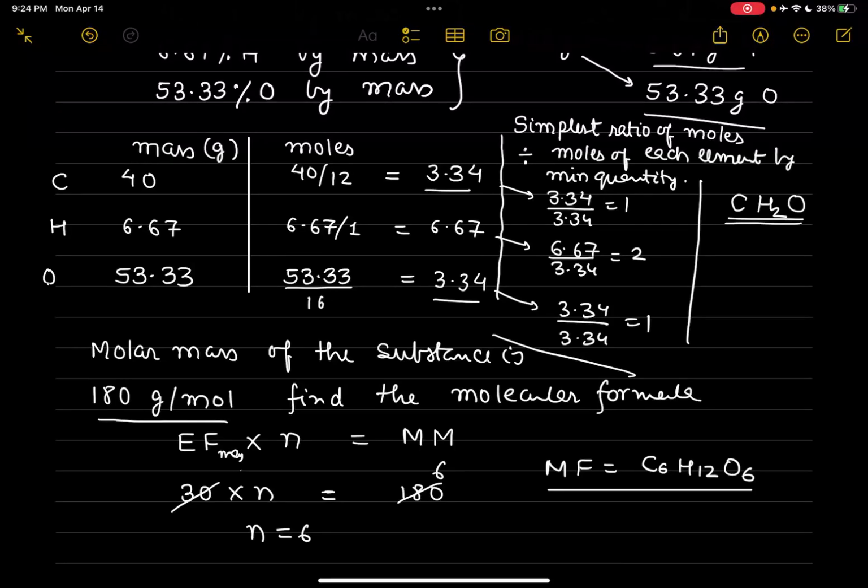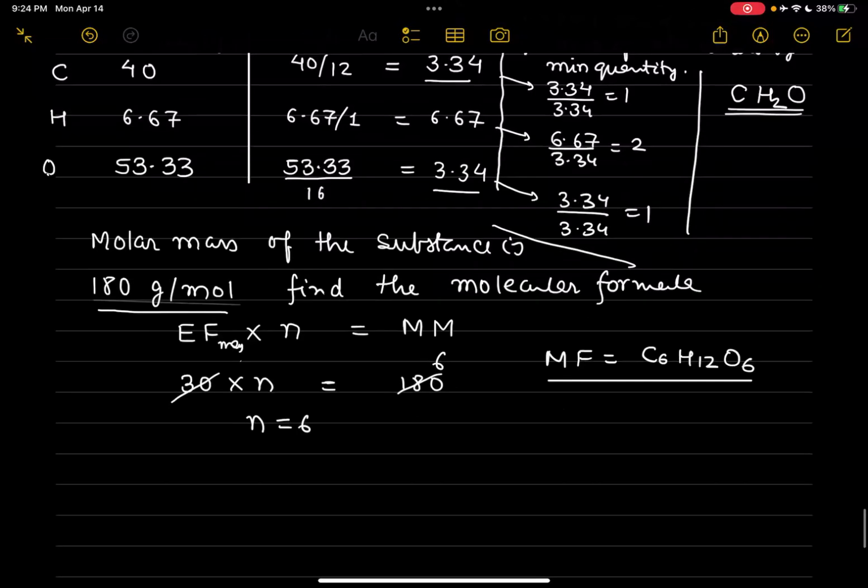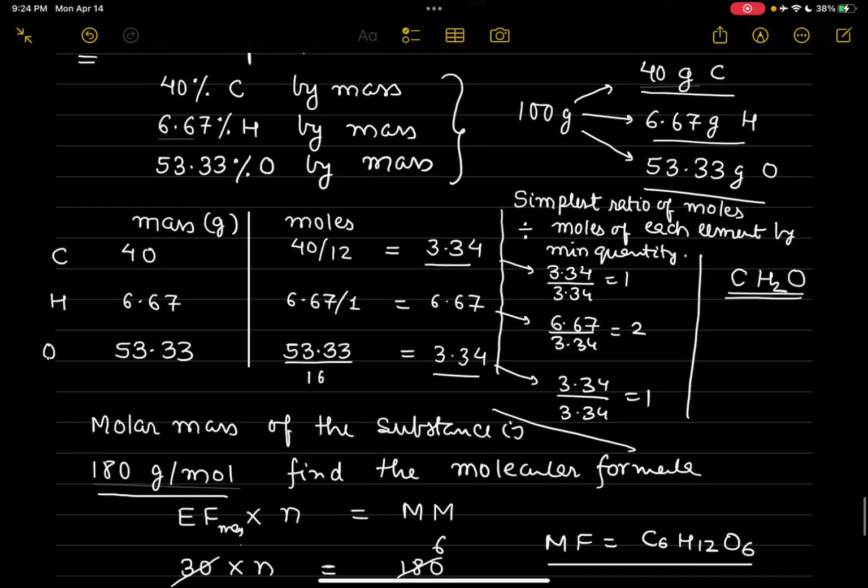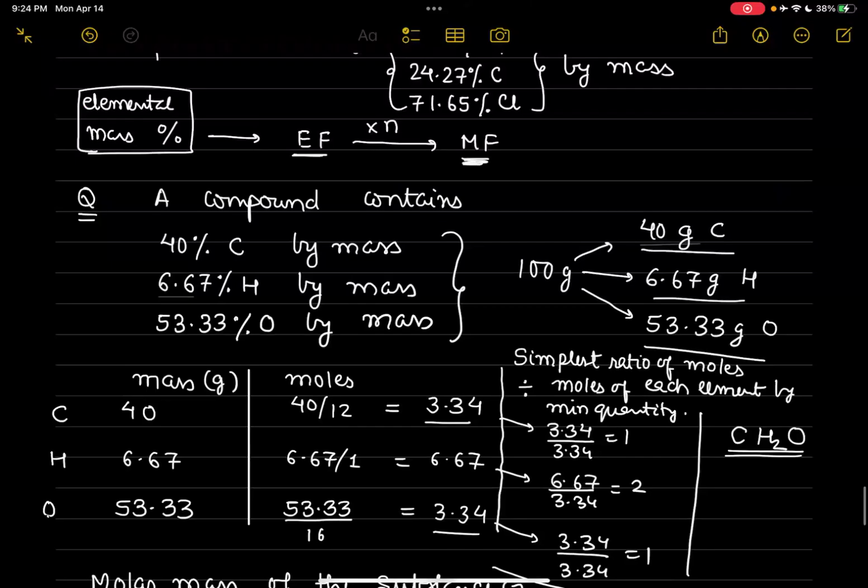Sometimes they don't actually give all the details. They just ask you to find the mass percentage of water, or mass percentage of any element. They ask you to calculate. This is the complete formal way of finding the empirical formula.